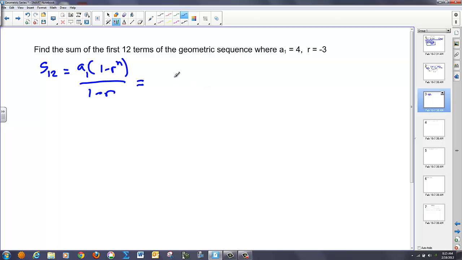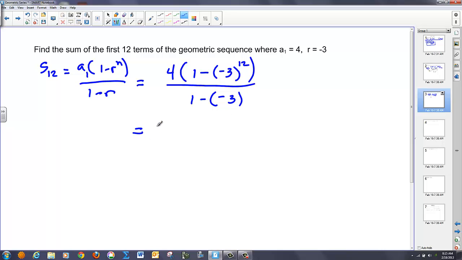We actually have the first term, it's 4. 1 minus that ratio, which we're given is negative 3. We have the number of terms, 12, over 1 minus that ratio. So this turns into a plug and chug problem and just becomes a calculator. And after plugging everything in, we get about 531,442.